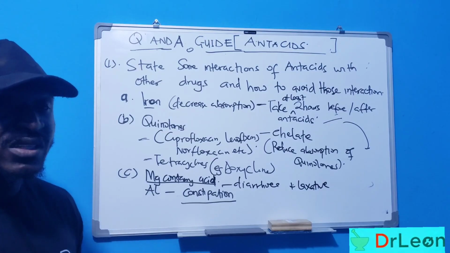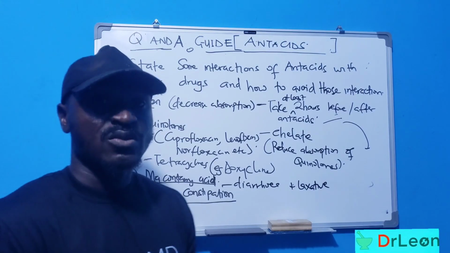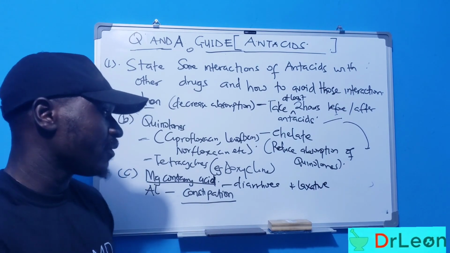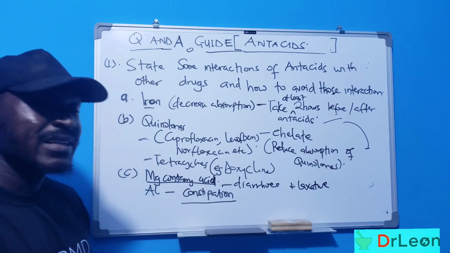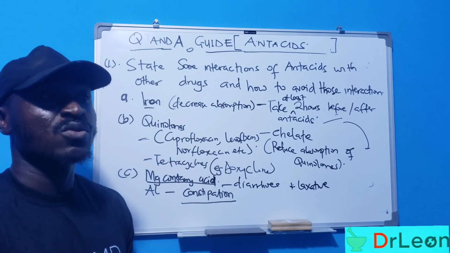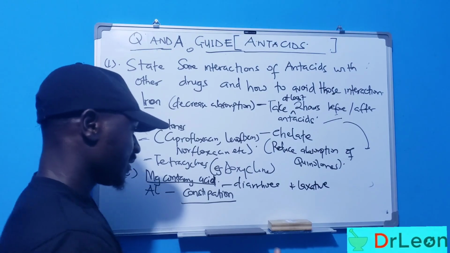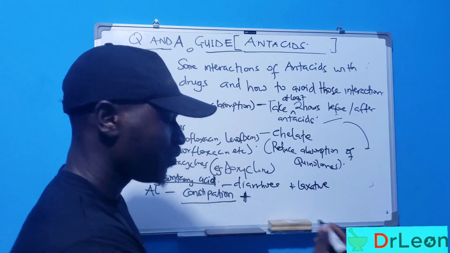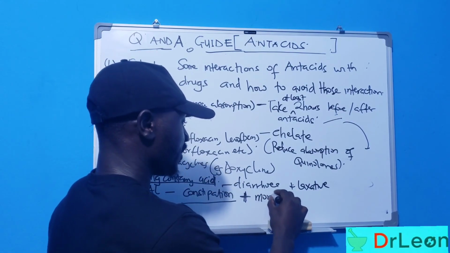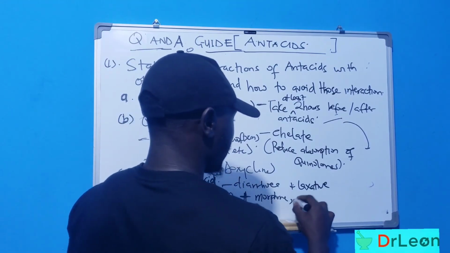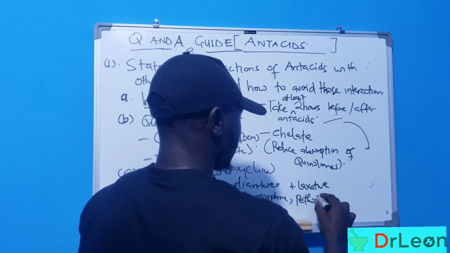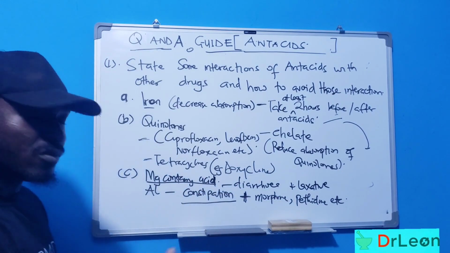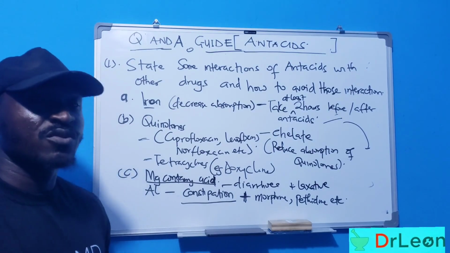But in a situation where you have just aluminium containing antacid, you are concerned about constipation, and for that matter, giving them with medication that also causes constipation, like opioids like morphine, pethidine, etc., will increase the risk of constipation.